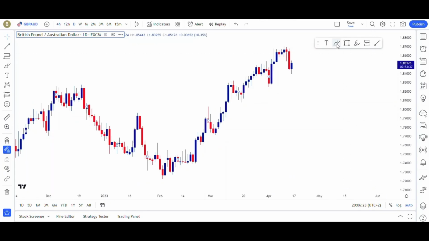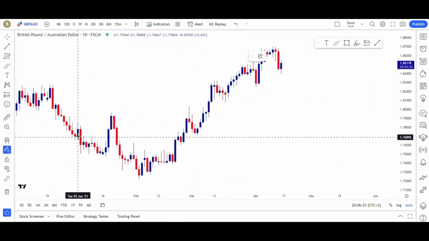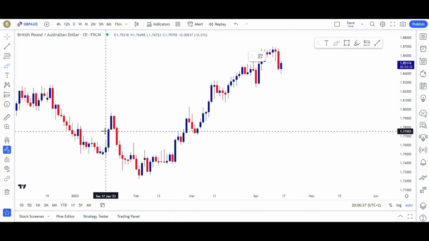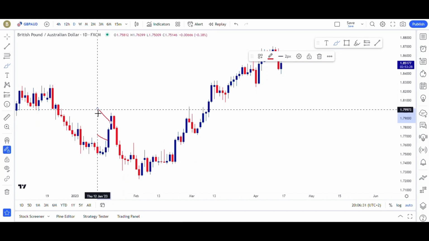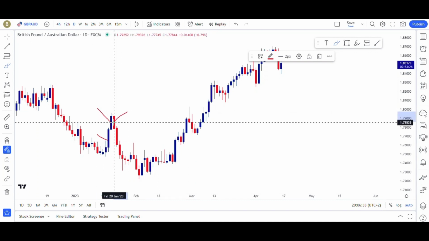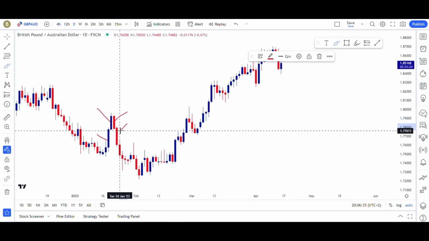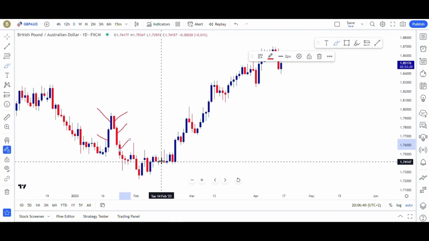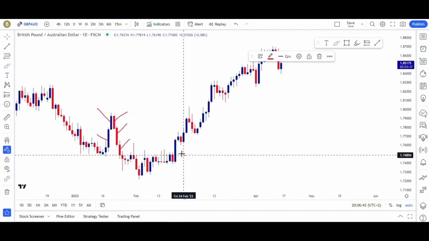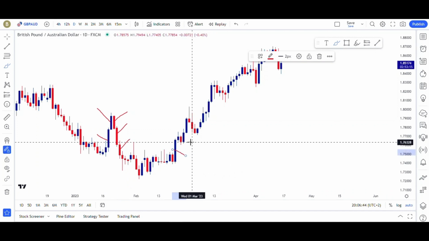Now we will get back to the chart and find out some ESC candles. Let's find some ESC candles in this chart here. For example, this candle here is an ESC candle. This candle here is an ESC candle. This candle, and this candle also are ESC candles. Now we have this candle here, ESC candle.